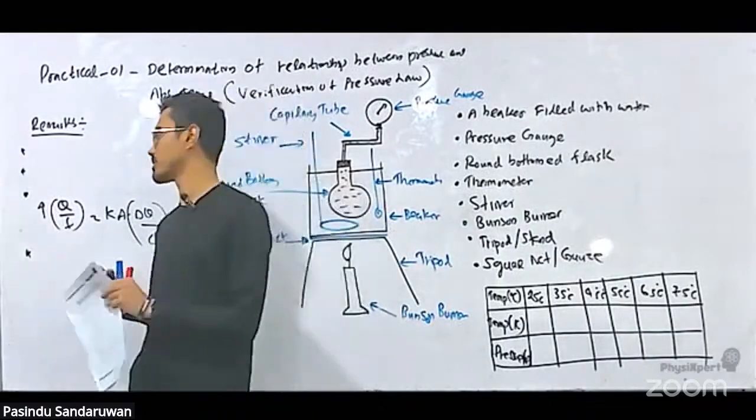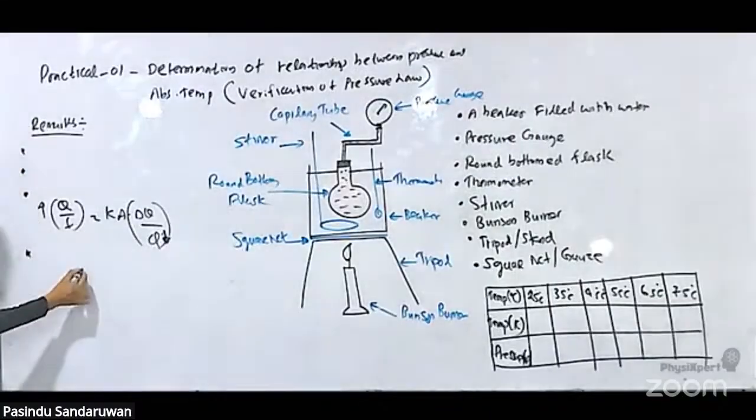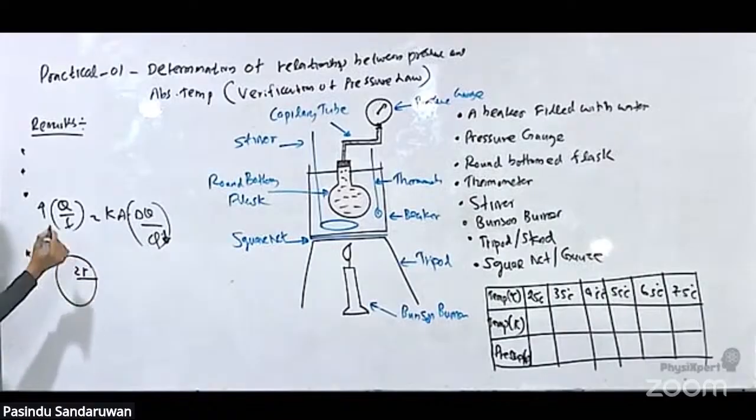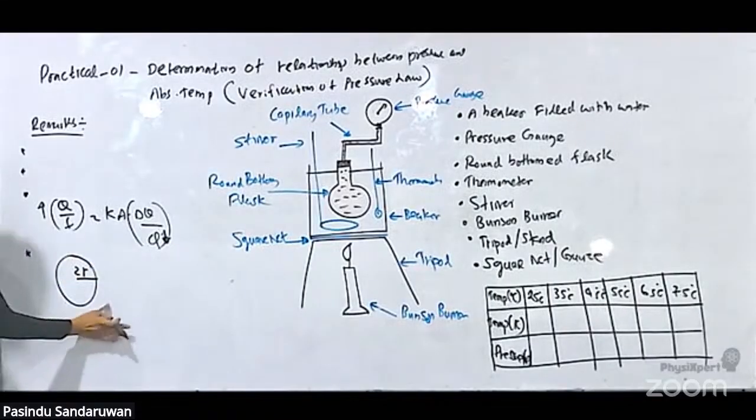Right? So if you don't know, you can prove this like this. Take a sphere with radius r. What is going to be the area here?